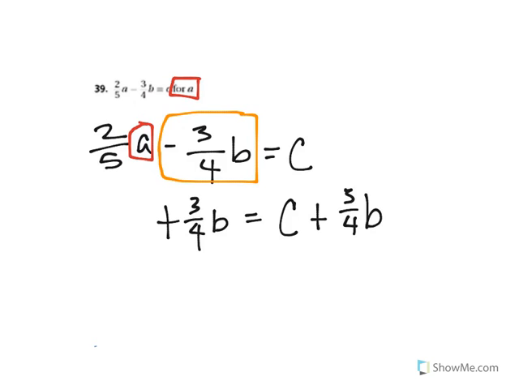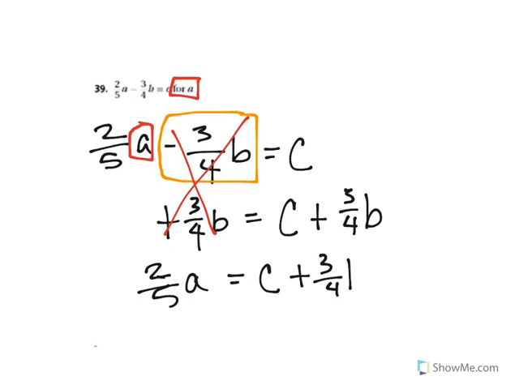Now that I've done that, I know to the left, it zeroes out, leaving me with just 2/5 times A is equal to C plus 3/4 times B. Now, to get 2/5 away from A because I'm multiplying, I'm going to multiply by the reciprocal to get rid of that fraction.